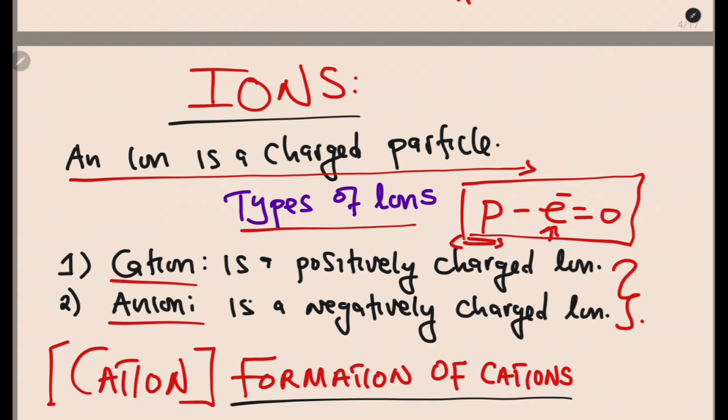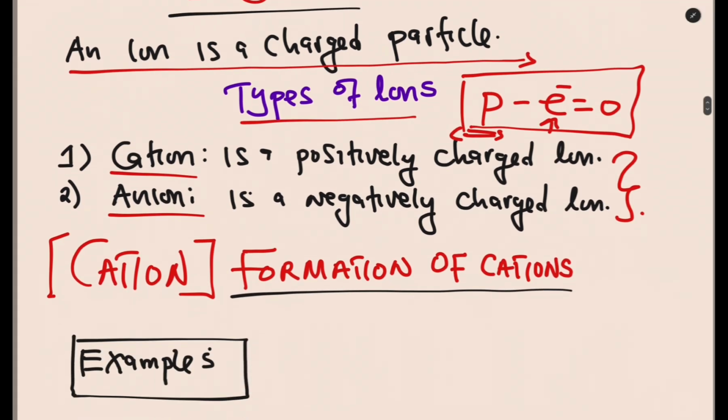All right, so let us have a look at the formation of ions, since we said there are two. We're going to start by looking at the formation of a positively charged ion. Positively charged ions are formed by loss of electrons, and mainly protons are more than electrons.